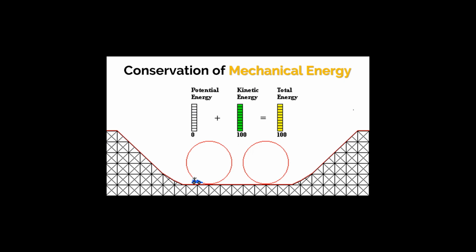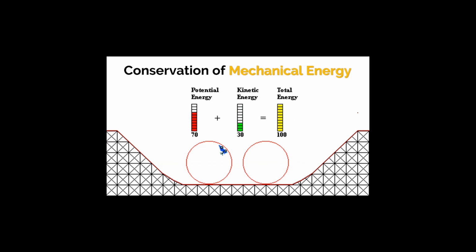So that is the relation of potential energy and kinetic energy, which we call the conservation of mechanical energy. We have both the potential and the kinetic energy, which is equal to the total energy.